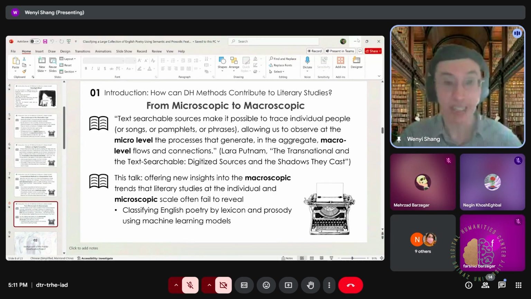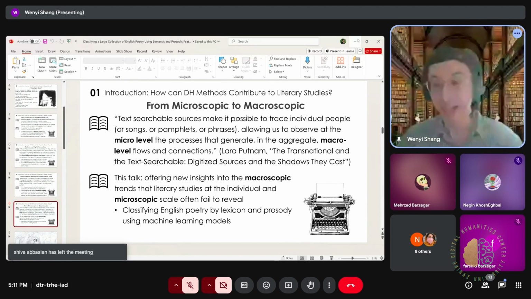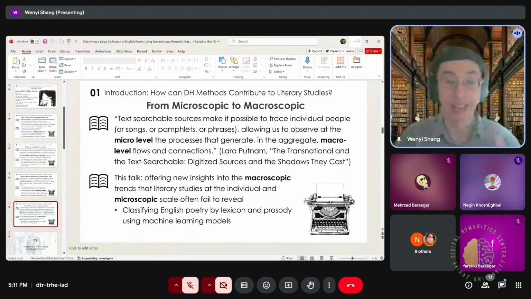So we can analyze the micro level, for example, individual literary works, or in our case, poems. And when we analyze thousands or millions of them in the aggregate, we can observe the macro level flows and connections. Essentially, we are analyzing the entire large corpus from a certain perspective.